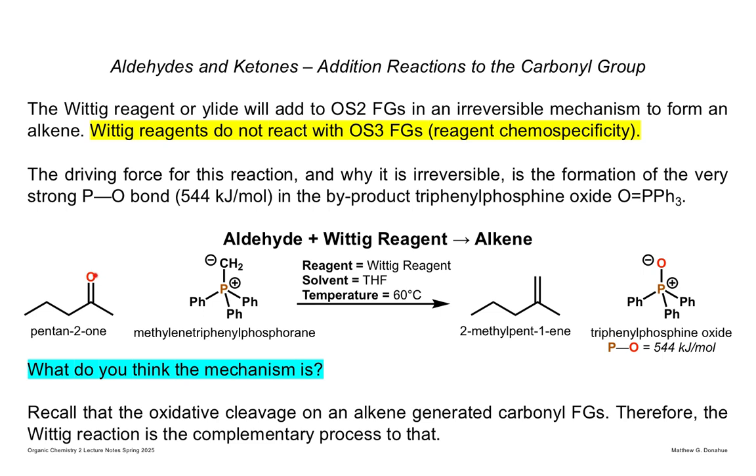This oxygen gets bonded to the phosphorus and ends up right there. So another word that can be used to describe this is metathesis. So you're sort of switching atoms from one reagent to the other.